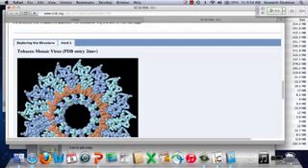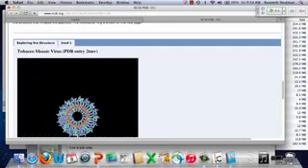You can now use this and turn the structure around, zoom in, zoom out, rotate. What I'm doing is taking a look at the side here.